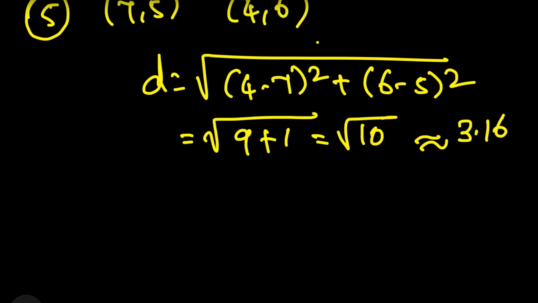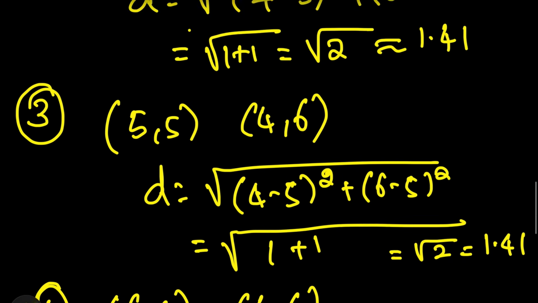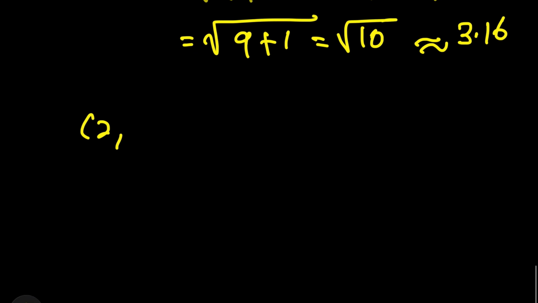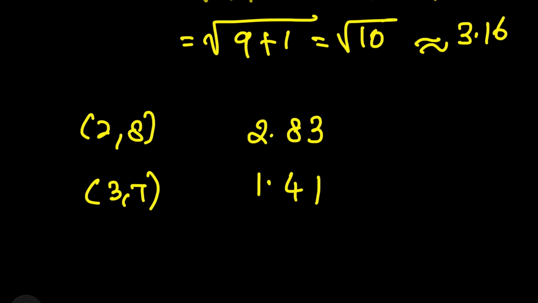So now I'm going to plot these values here. What is the first sample we have? It is 2 comma 8. For 2 comma 8 I have 2.83 as a distance. For 3 comma 7 I have 1.41.